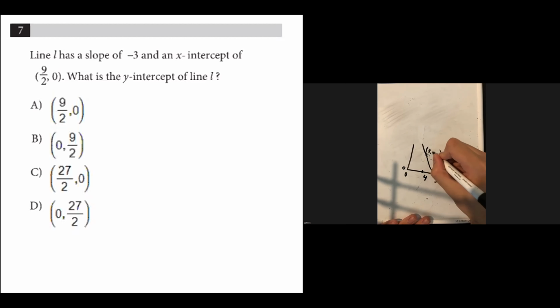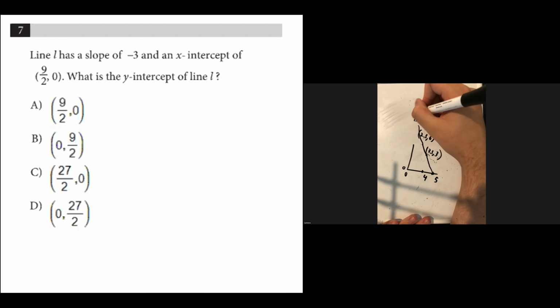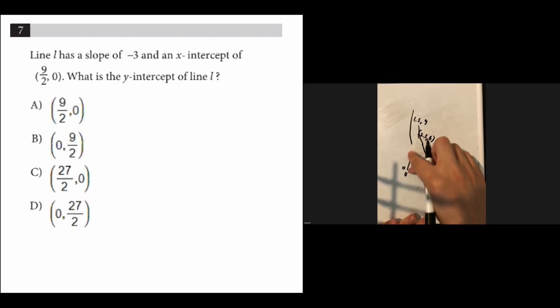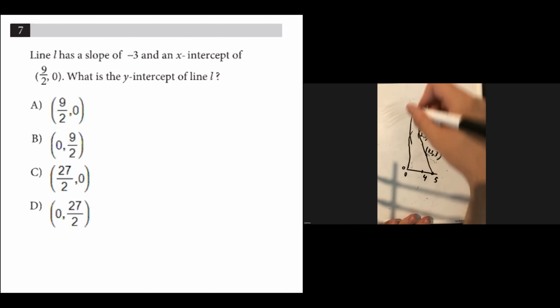You get 3.53. And then if you go left 1 more, you'd get 2.56. And if you go left 1 more, you'd get 1.59. And when you get to the y-intercept, you're not there yet, but it'd be like 0.512.